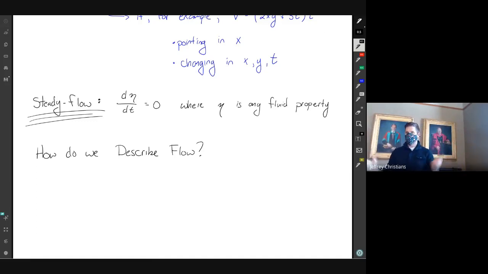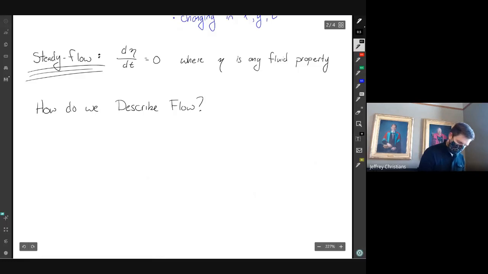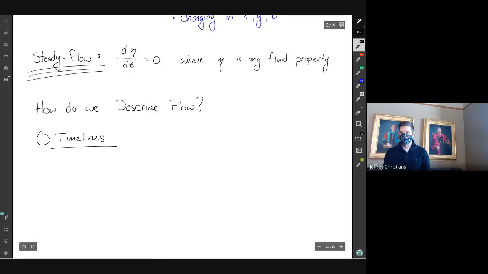So how do we describe flow? There are multiple different ways. Way number one would be a timeline.